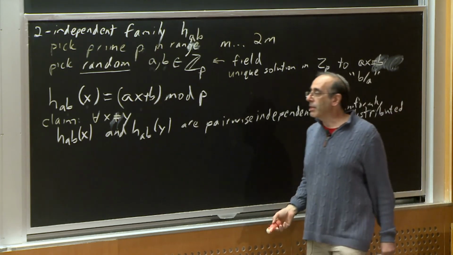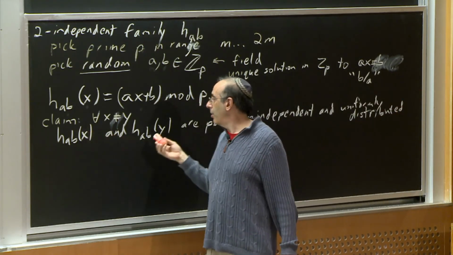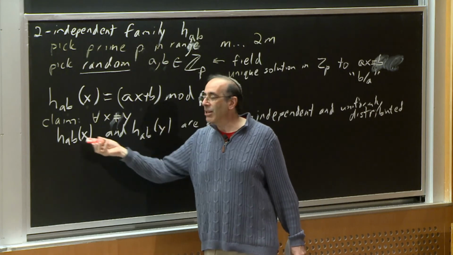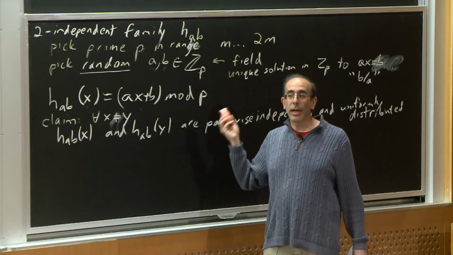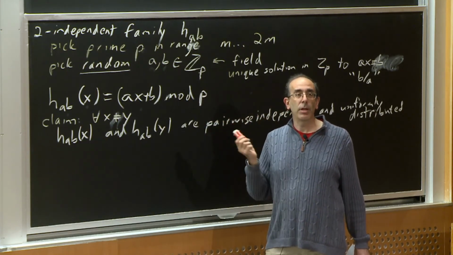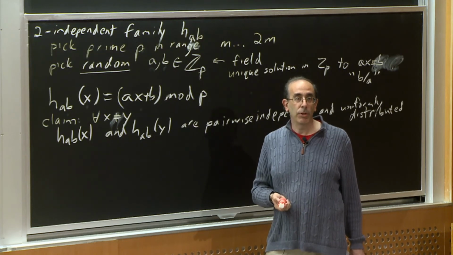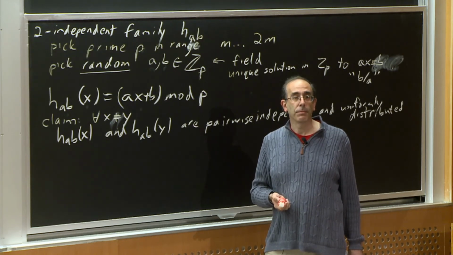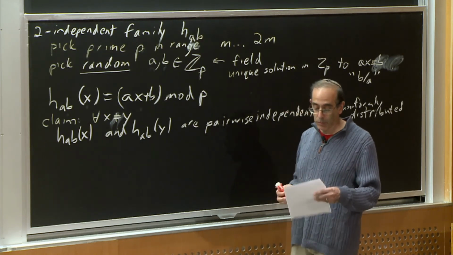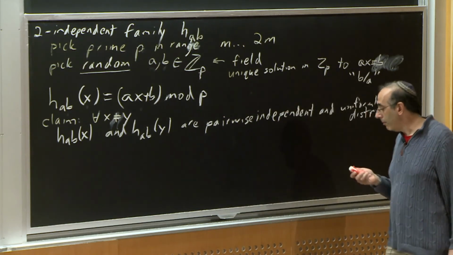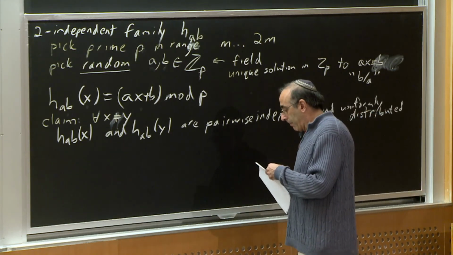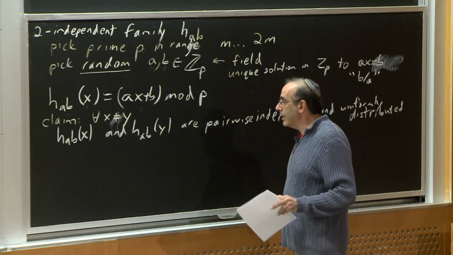So regardless of what keys you're given, the hash values for those keys look like independent random numbers in the range from 0 to p minus 1. And the proof of that is literally 60 seconds.